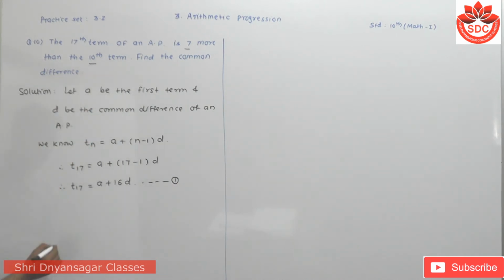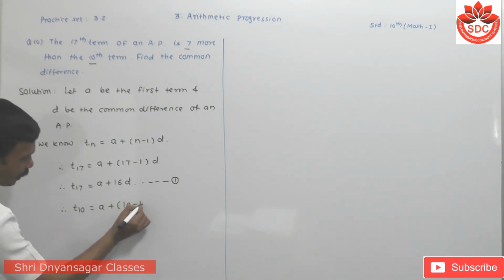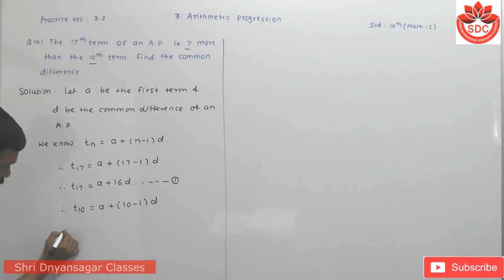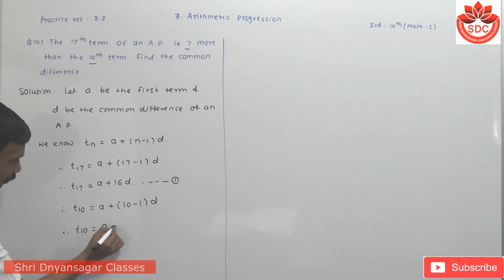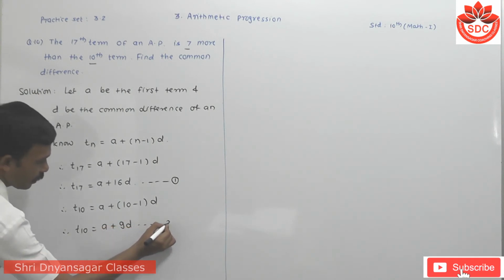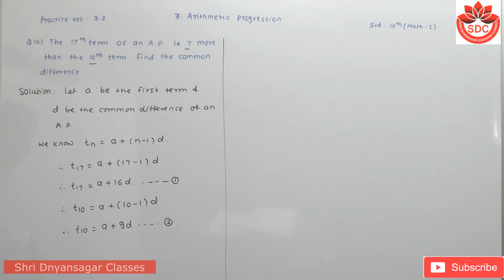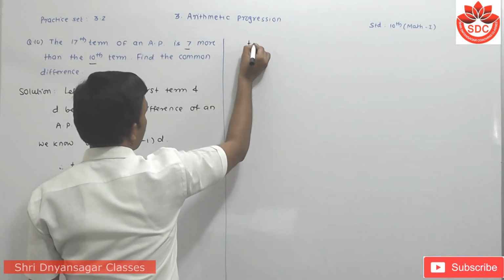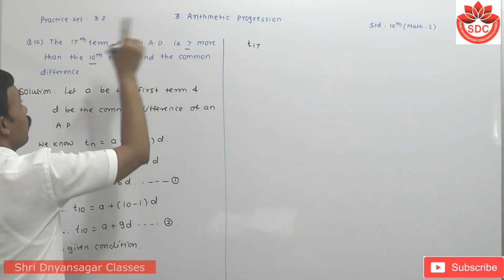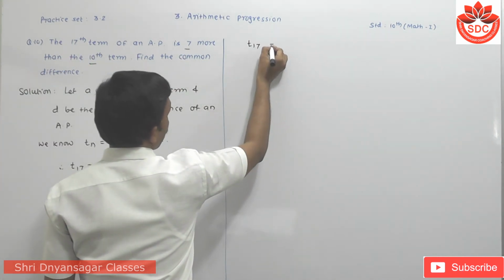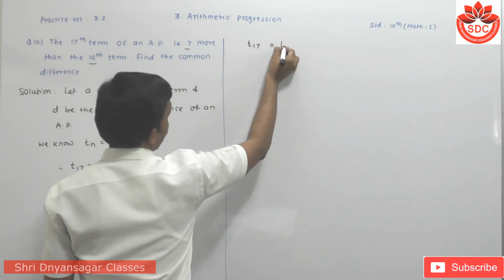Then second, we have to find the 10th term. Therefore T10 is equal to a plus 10 minus 1 into d, that means T10 is equal to a plus 9d. This is equation number second. Now student, from the given condition, the 17th term T17 of an AP is 7 more than the 10th term.